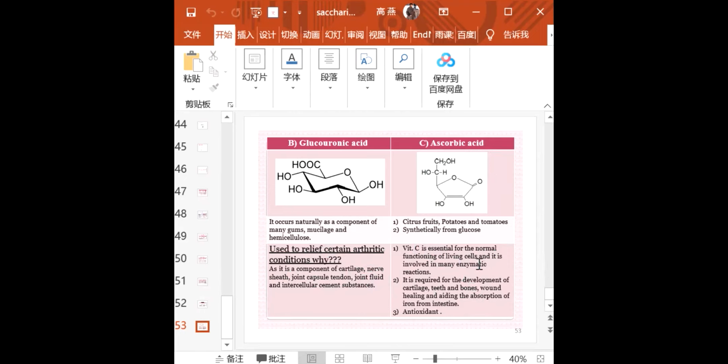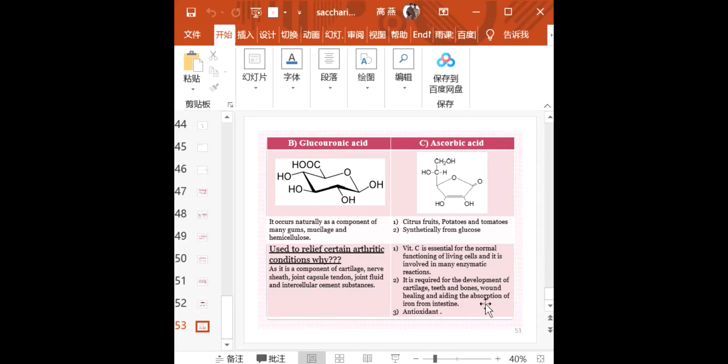And ascorbic acid, or vitamin C, is essential for normal functioning of living cells, and it's involved in many enzymatic reactions. So it's a vitamin of vital importance for humans and animals as well.